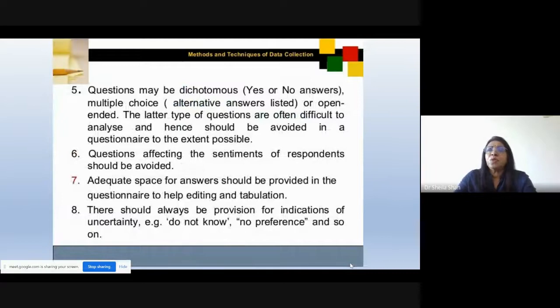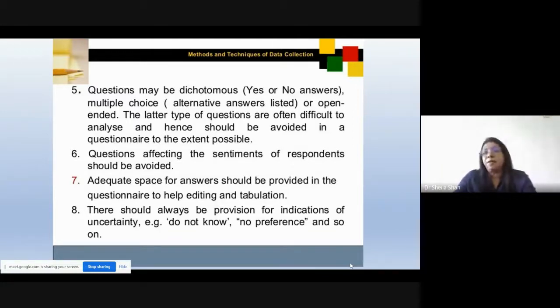Now, before you present your presentation or proposal, there must be a pilot test, right? And the question can be dichotomous, yes or no, can be an alternative answer, multiple choice question, or could be in Likert scale, ranking order.